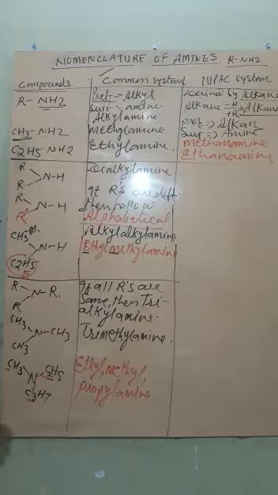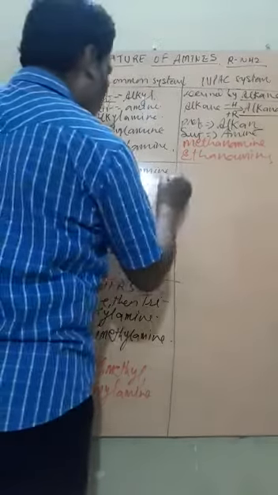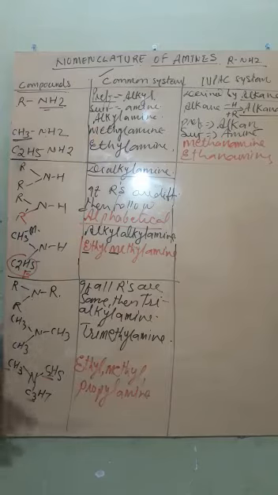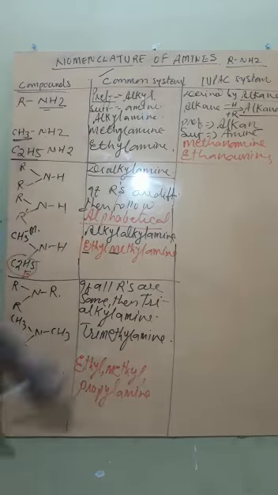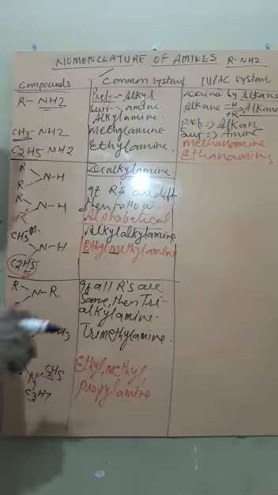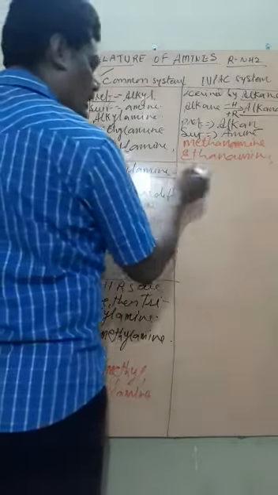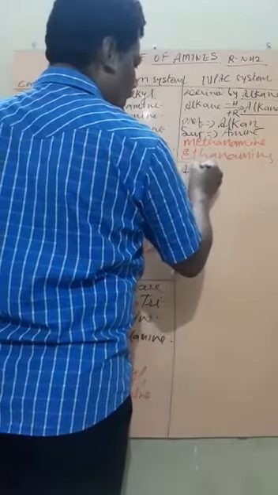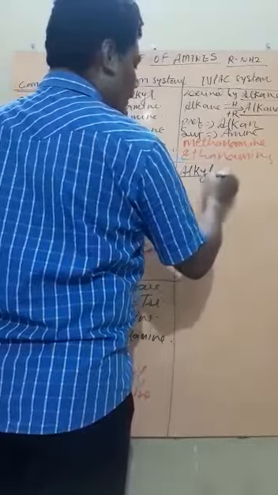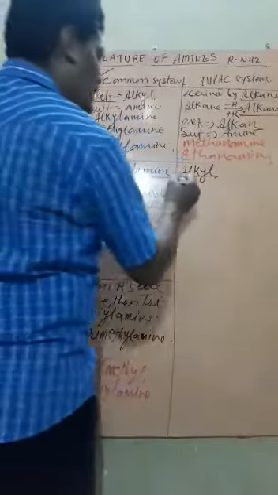But student, in the case of secondary amine, if the two R's are the same, in this condition one R will become a substituent, or we can write it as a primary prefix. One of the R's is written as alkyl, and this alkyl must be of smaller size.